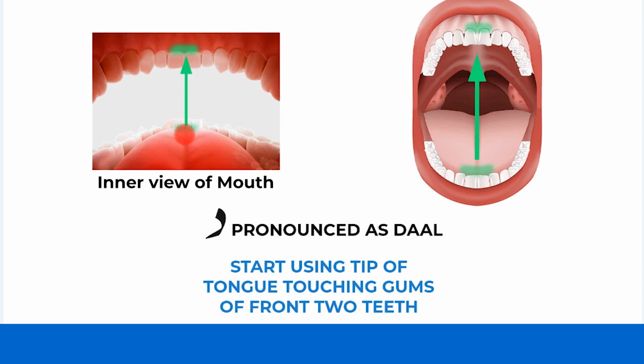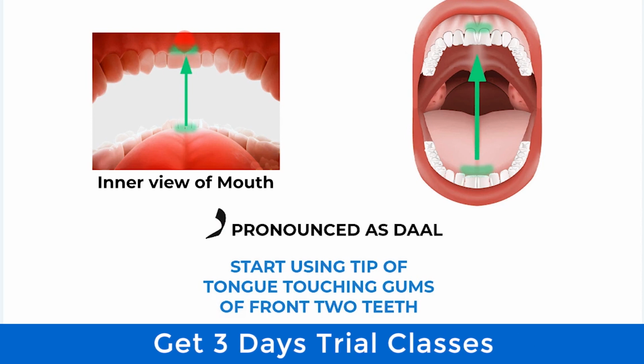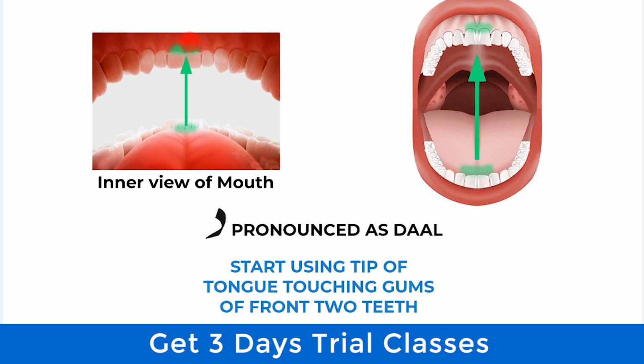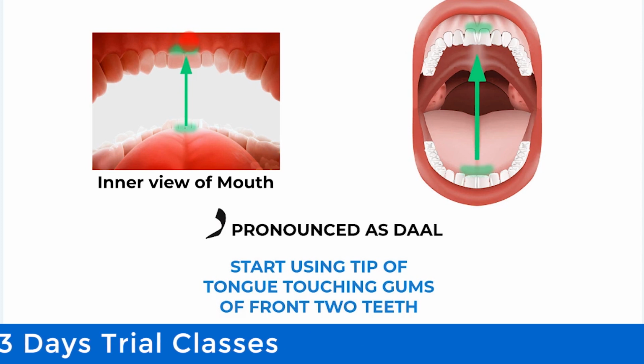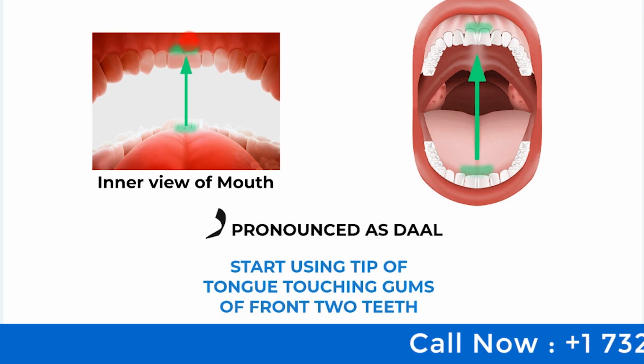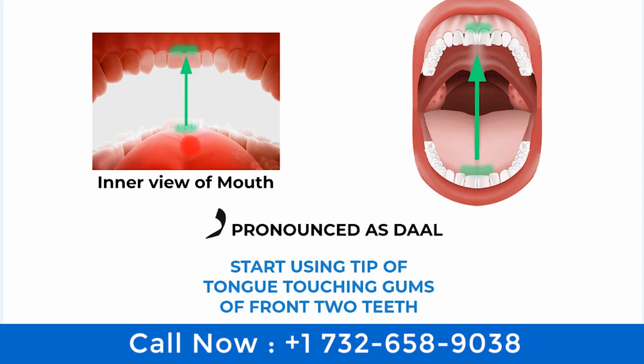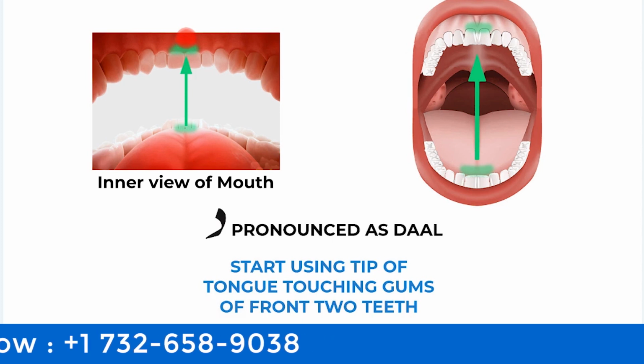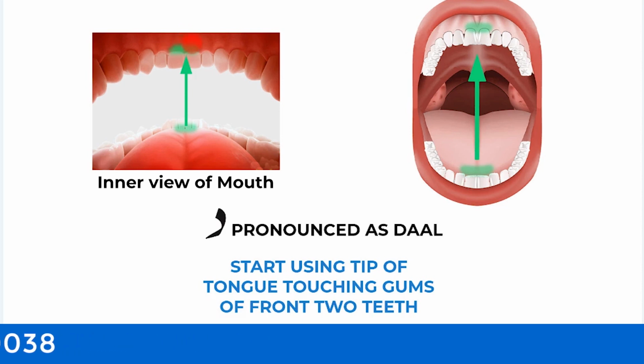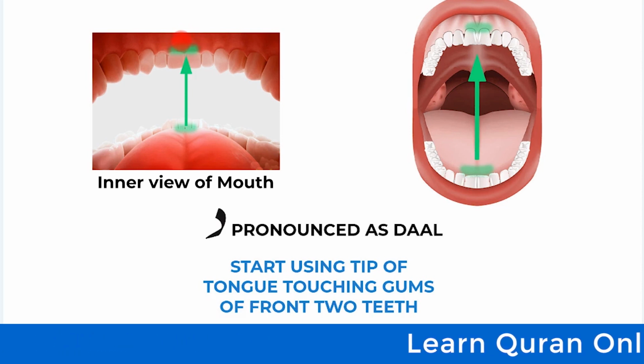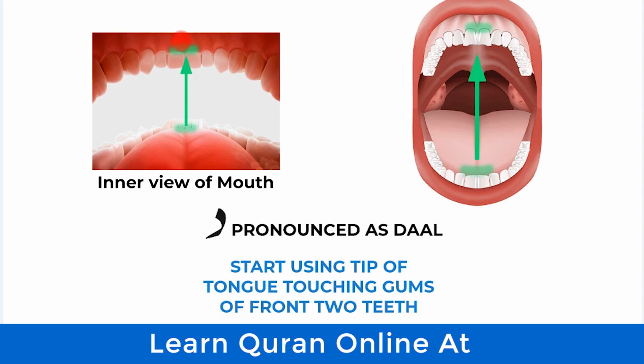Start using tip of tongue by touching gums of front two teeth. From here we can pronounce dal. One more time. Start using tip of tongue by touching gums of front two teeth. From here we can pronounce dal.